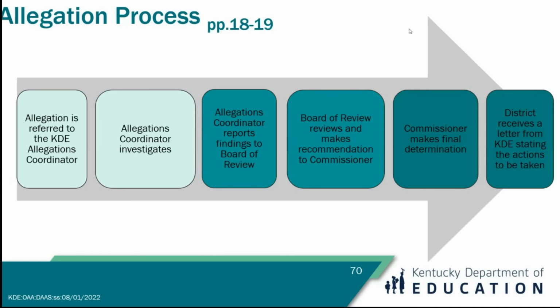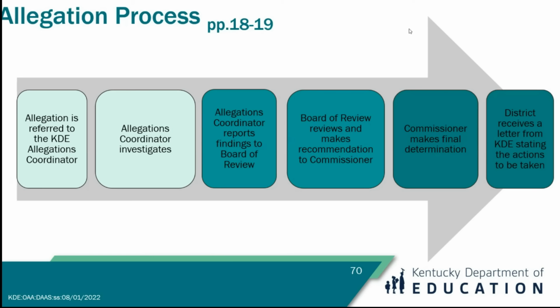Allegations reported to BACs should be relayed to the KDE through the District Assessment Coordinator. DACs, in turn, will submit the information to KDE online. Investigation results go to a board of review, who sends their recommendation to the Commissioner of Education, who will make the final determination.